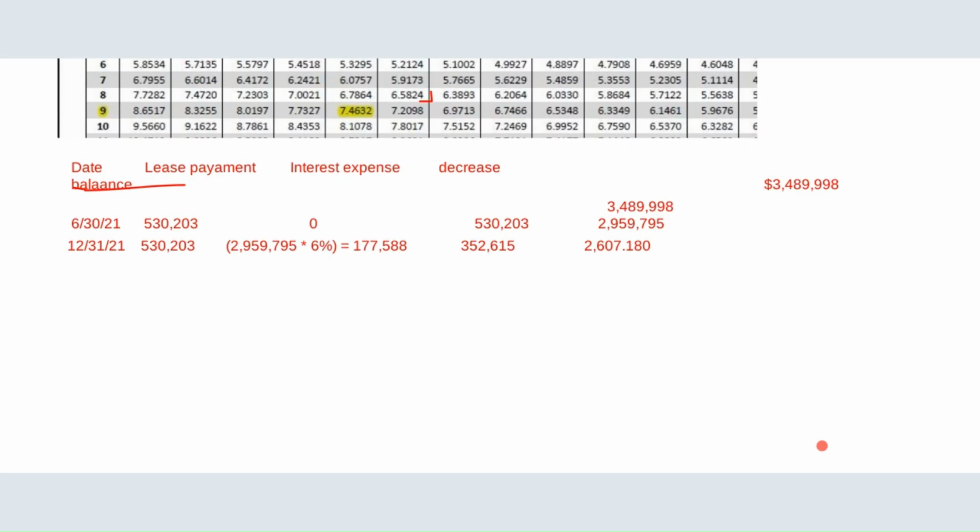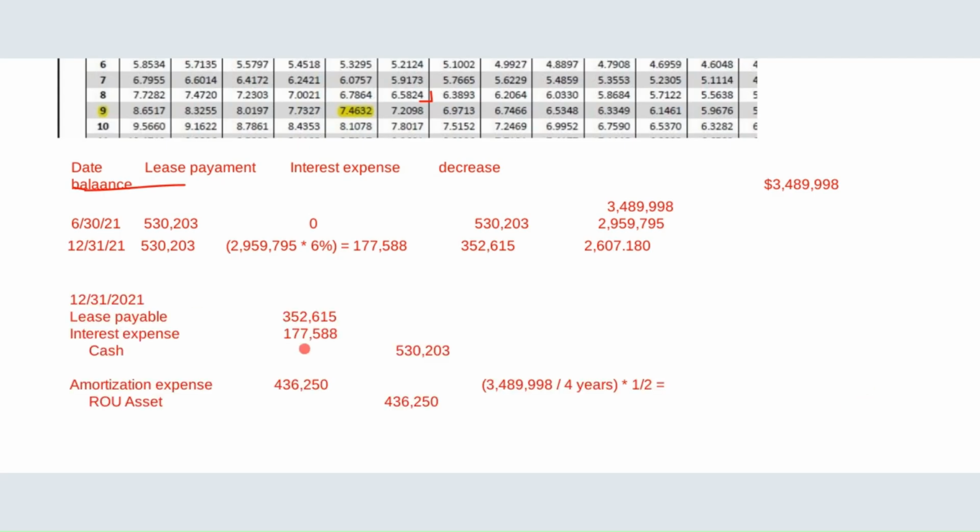The right to use asset, yes, of 436,250. Okay. So when it comes to December 31st, 2022, the amortization expense will be for the full amount. We're not going to divide it by 2.